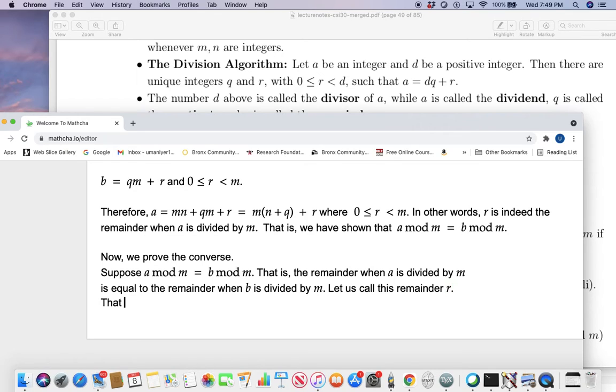All right, that is, there are integers q sub 1 and q sub 2, the quotients given by the division algorithm.